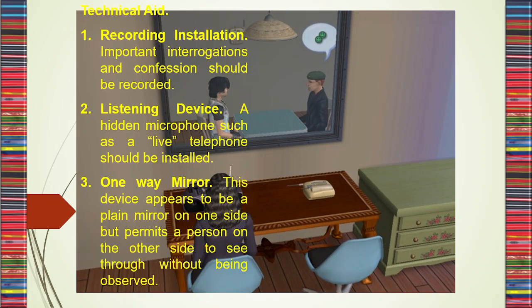It is a mirror on the left side, and to the people on the right side, looking at it, it's also a mirror. But a one-way mirror serves as a mirror on one side but is transparent on the other side. So we have here the one-way mirror, the recording device, and the recorder.